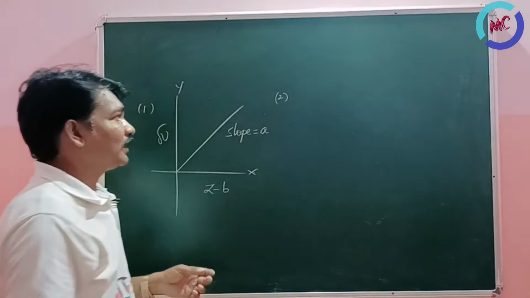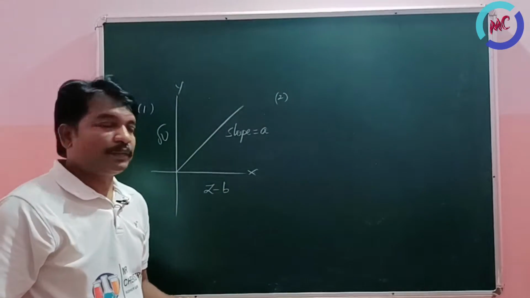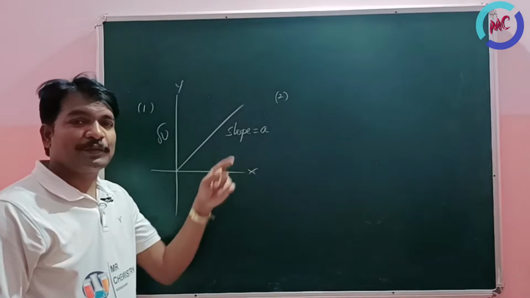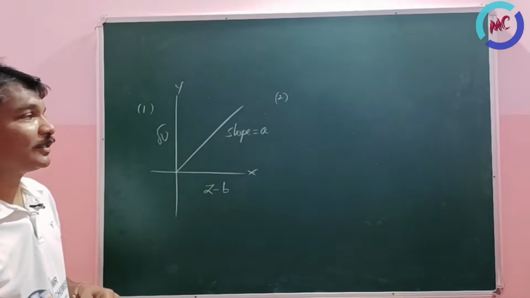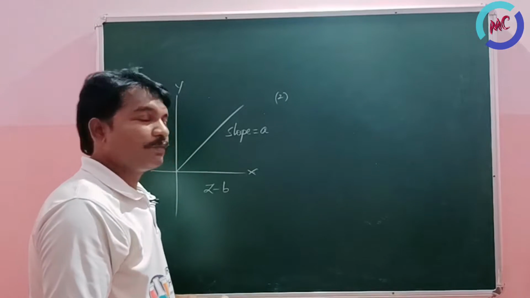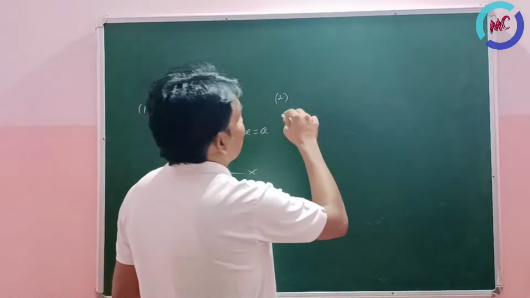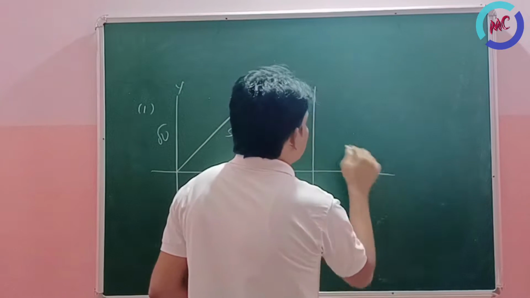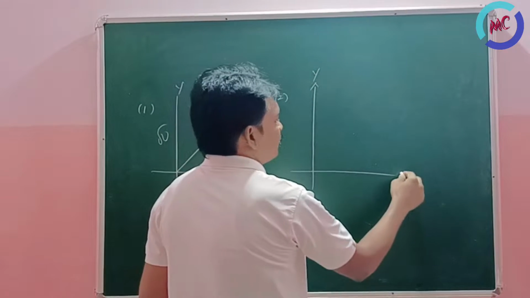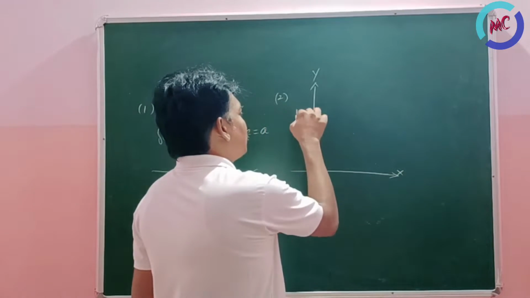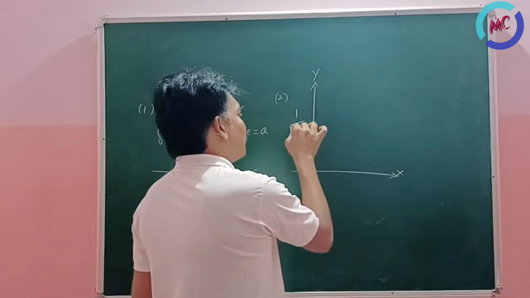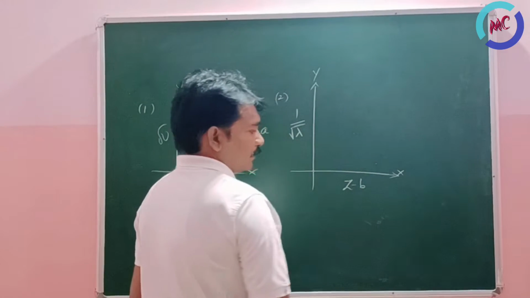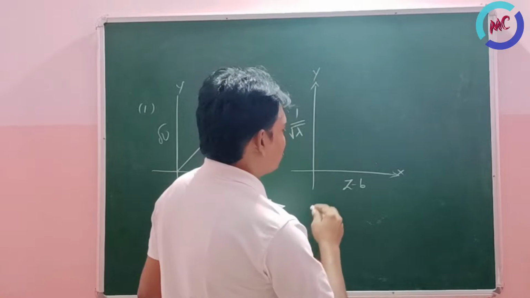If you consider the second graph, in the second graph we will take it in terms of wavelength, because there is a relation between frequency and wavelength. Frequency is equal to c by lambda. Here c is the velocity of light and lambda is the wavelength of the spectral line. See here, wavelength on the y-axis and the same atomic number minus the constant b on the x-axis.